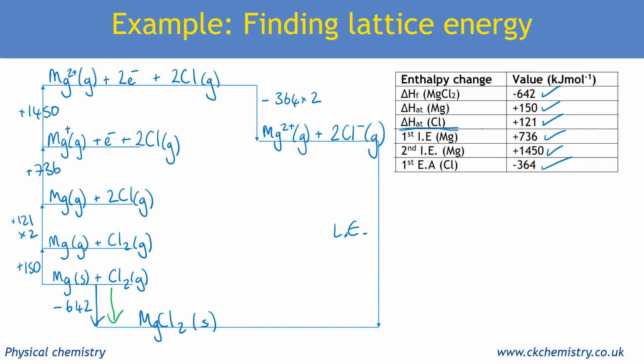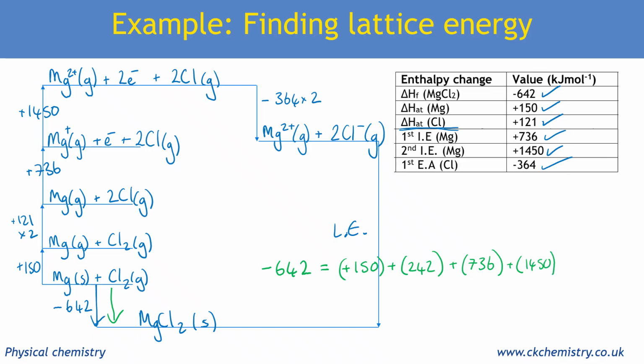So what do I mean by that? Minus 642, I'm going to put that on one side of the equals sign. And then I'm just going to put all the other arrows in order. Plus 150, plus, well, 121 times 2 is 242, and that's positive, plus 736, and that's positive, plus 1450, and that's positive.